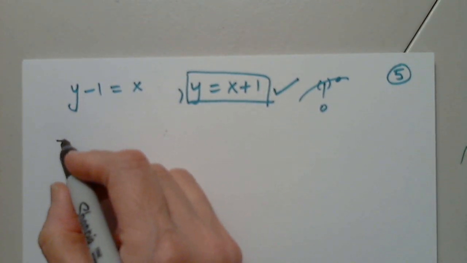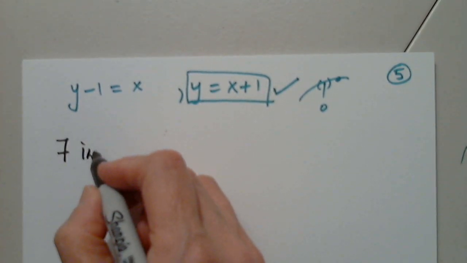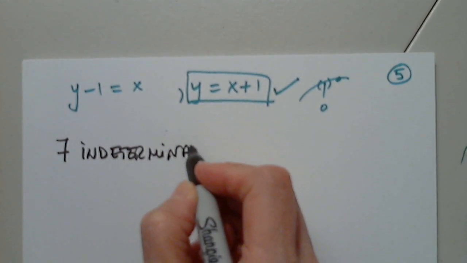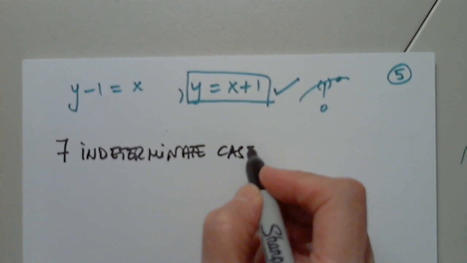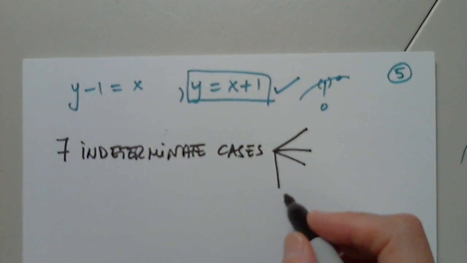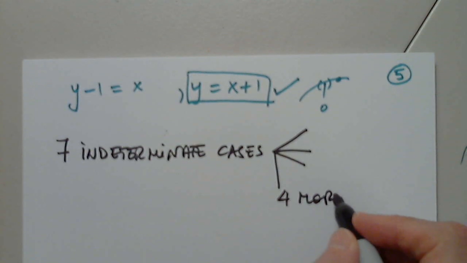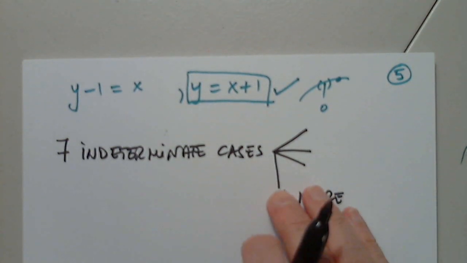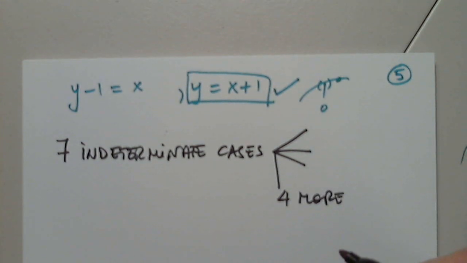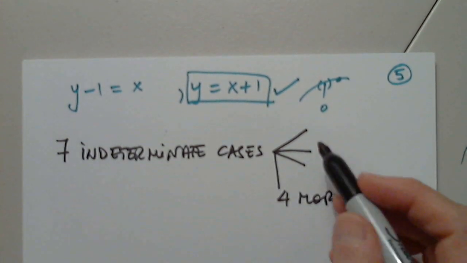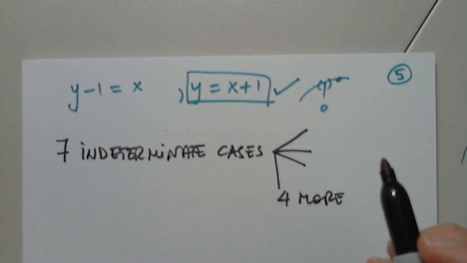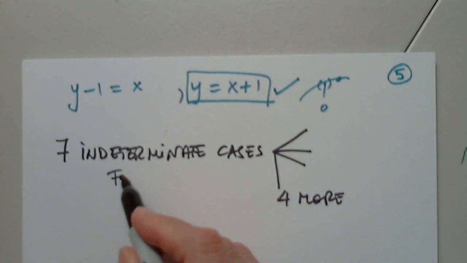Do you remember that we said that there are 7 indeterminate cases? We looked at 3, and 4 more are not yet covered, not in this chapter. Do you remember what those 3 were? So let's review those 3 cases that we encountered in limits.